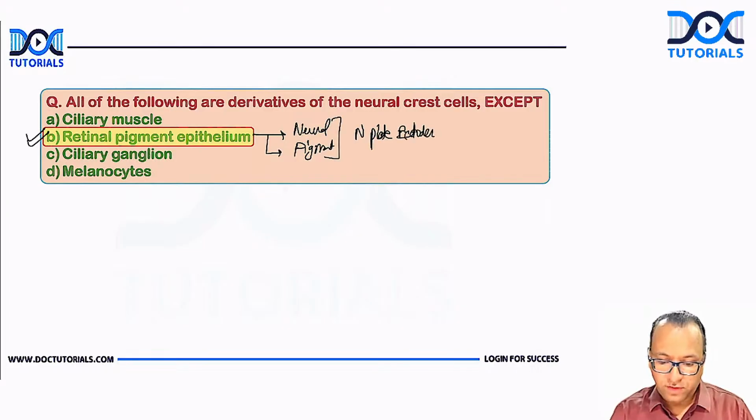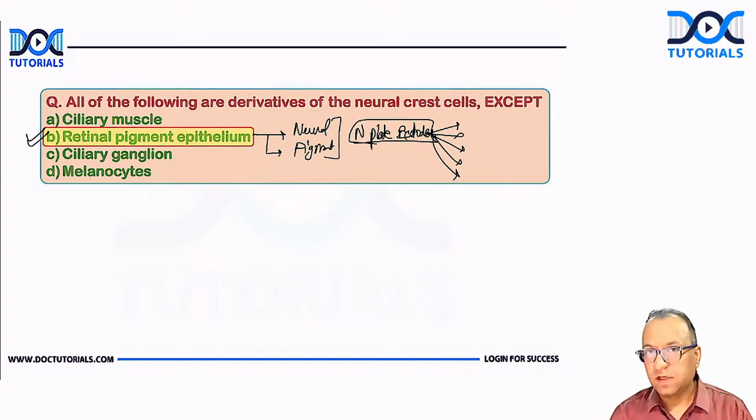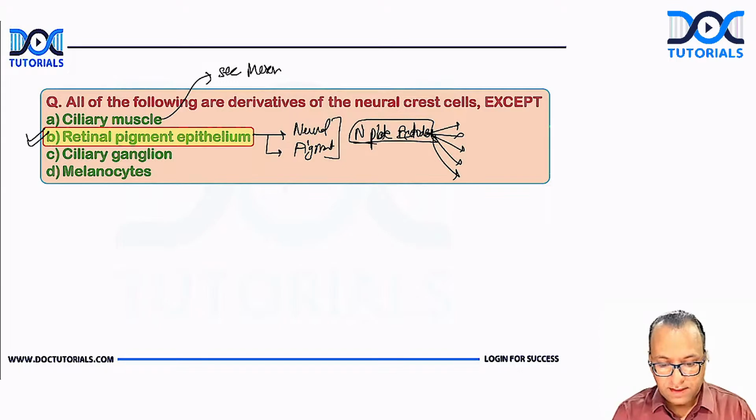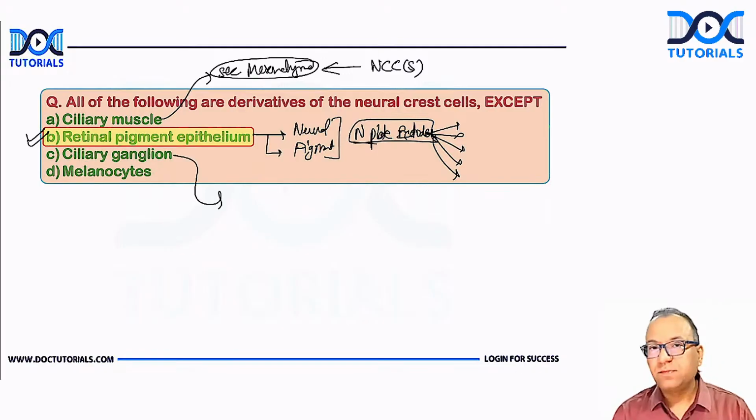Neural plate ectoderm gives us 5 derivatives, and one of them is the 2 layers of retina. The ciliary muscle comes from secondary mesenchyme, which was given by neural crest cell. Most of the ganglia in our body come from neural crest cell.